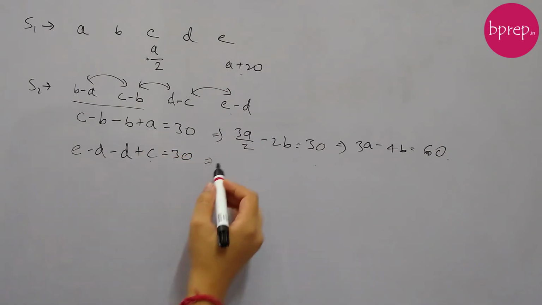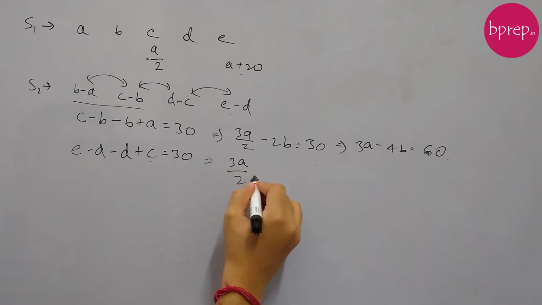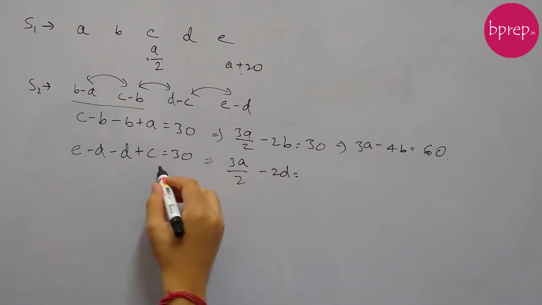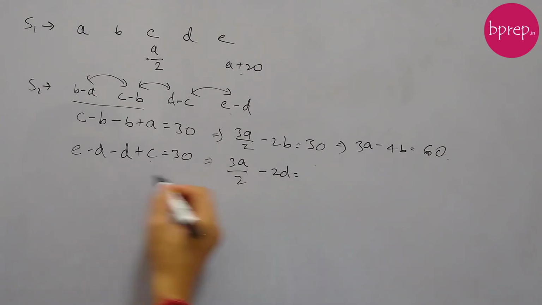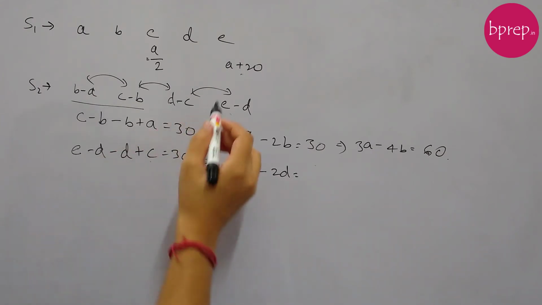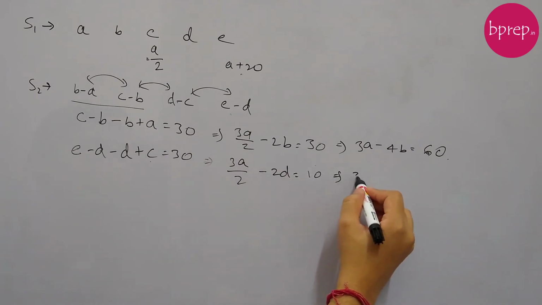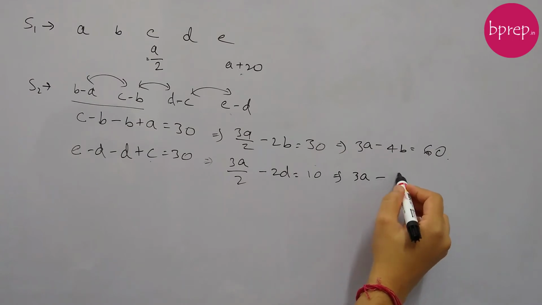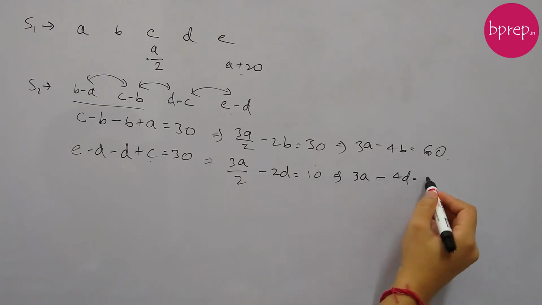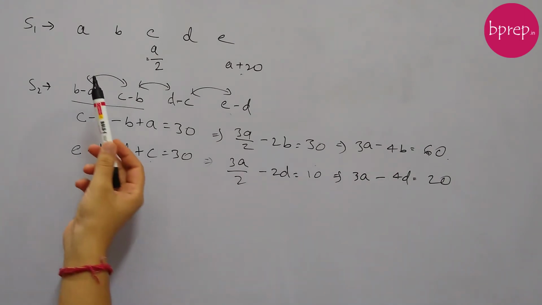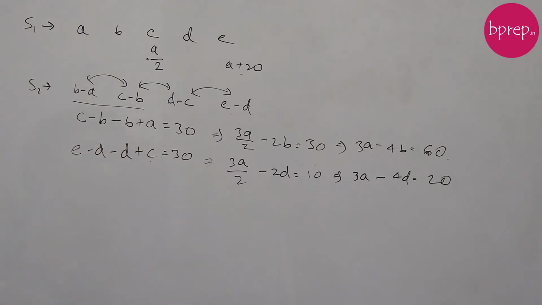So we again get 3A by 2 minus 2D equals 30. Sorry, not 30. For E we have 20, so it gets reduced by 10. So we have 3A minus 4D equals 20. So we have two equations, relating A and B, and A and D. Now we need a relation of B with A. If we get that, we will be able to solve it.